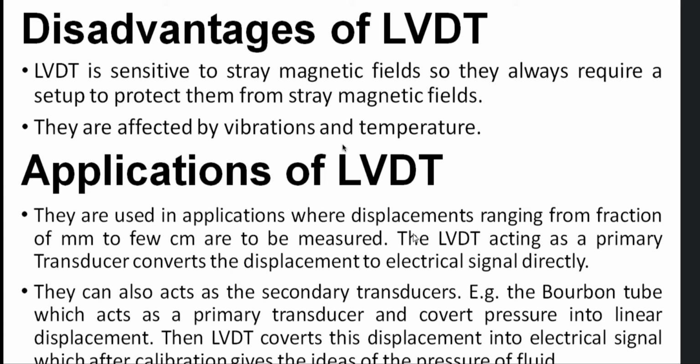They can also act as secondary transducers. For example, the Bourdon tube acts as a primary transducer and converts pressure into linear displacement. Then the LVDT converts this displacement into an electrical signal, which after calibration gives the pressure of air.